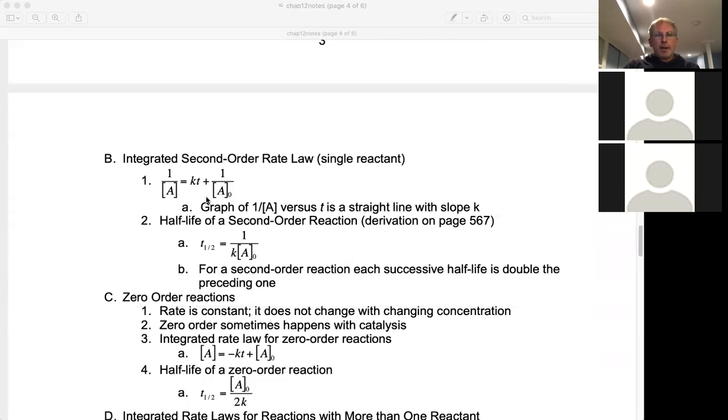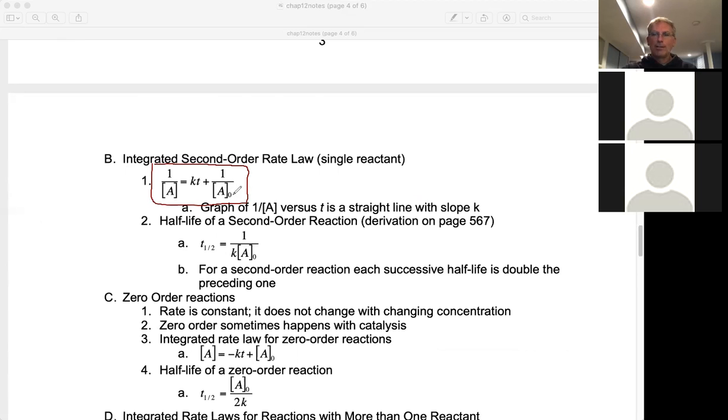So let's talk about the integrated rate law then. Since this thing is second order, there's another equation that also fits this data. And that equation is 1 over the concentration at the end equals some constant times time plus 1 over the concentration in the beginning.